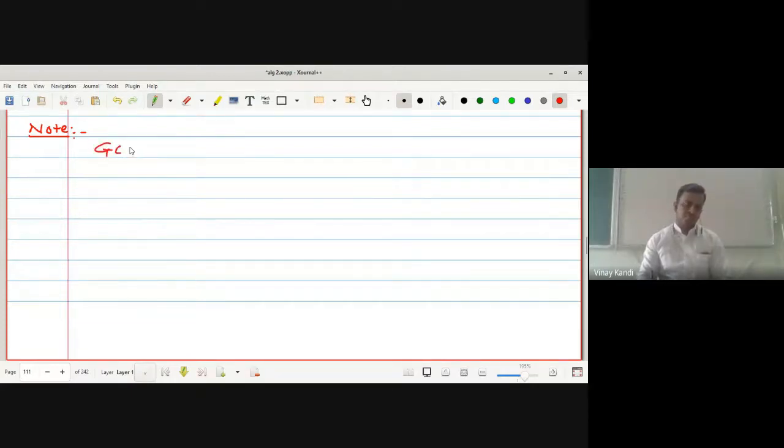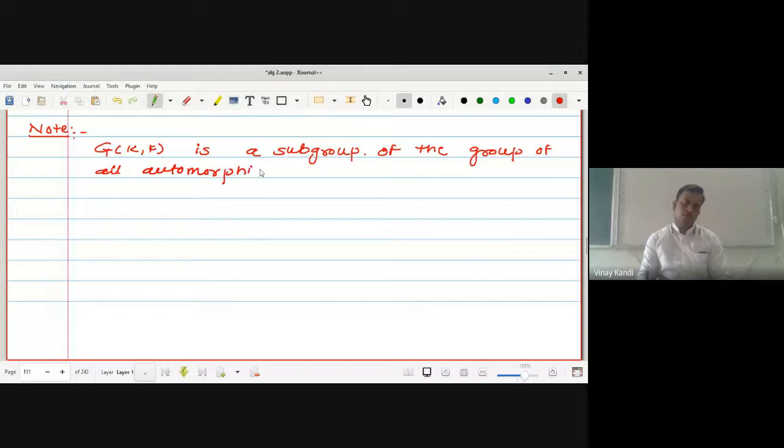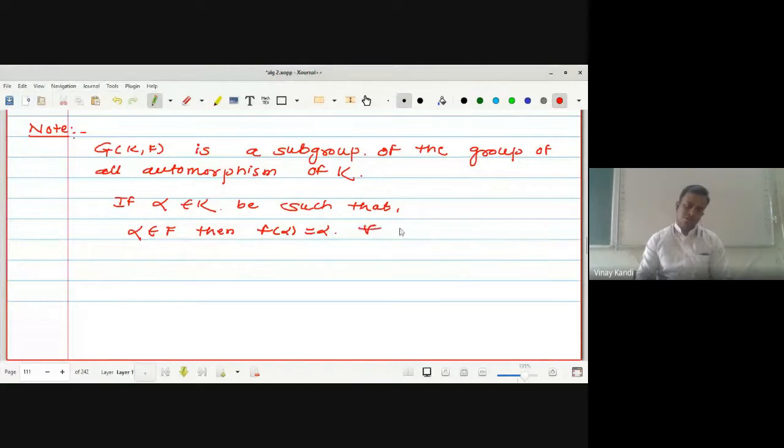G_K(F) is a subgroup of the group of all automorphisms of capital K. Okay, and if alpha belongs to K is such that alpha belongs to F, then f of alpha is equal to alpha for all f belonging to G_K(F). Okay.